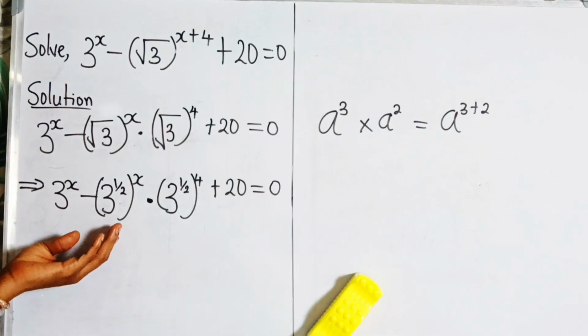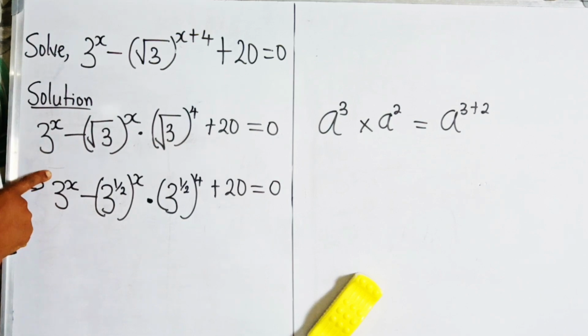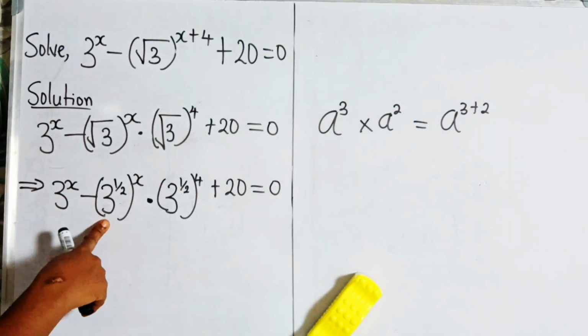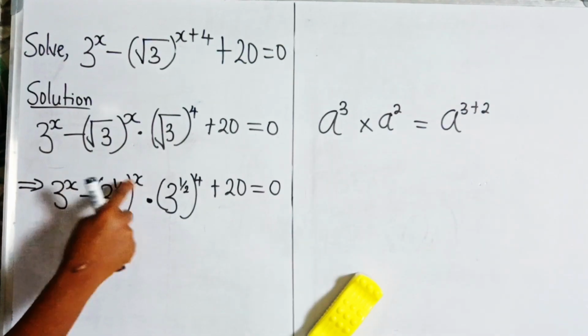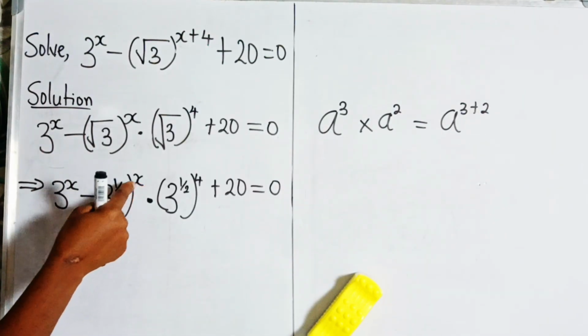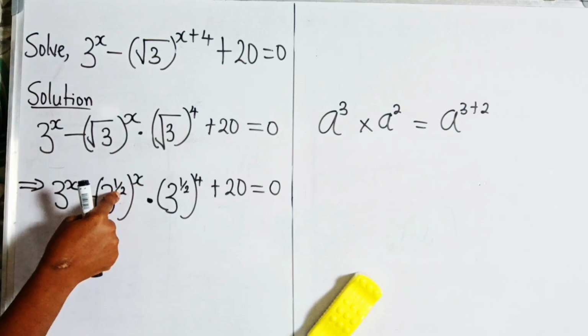Now looking at this, we have 3^x here, and we also have 3^x over here. We are allowed to switch this exponent. We can bring x in and take the 1 over 2 out.